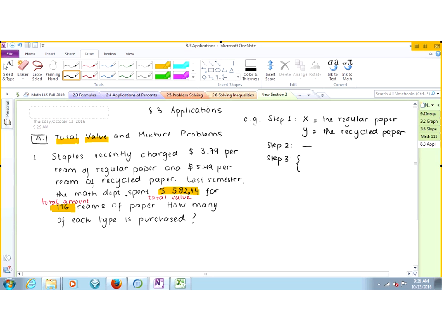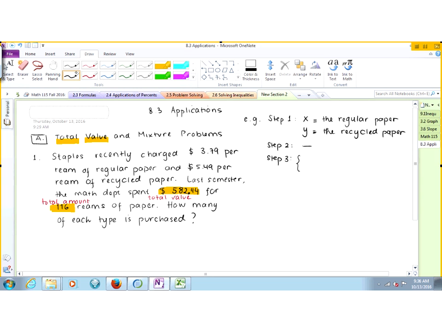Do I know how many papers total? Yes. So what's the equation related to that? I have two equations. What are the equations?